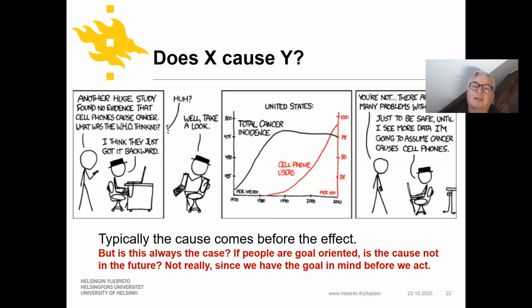The problem with that is that we don't have that job. We have that aim, and that aim is in our head now, and then we do something later. So our understanding of the situation causes our actions, which are goal-oriented towards the future.